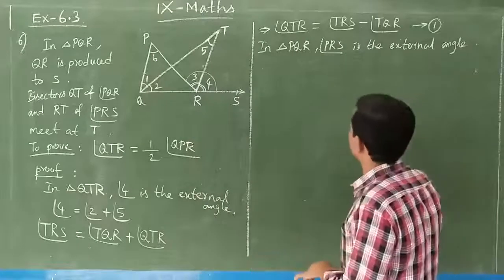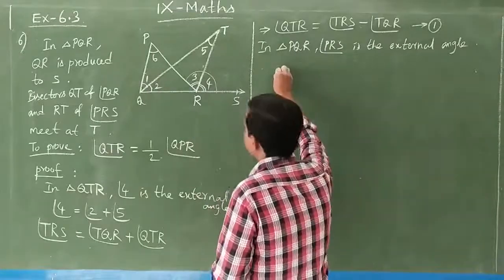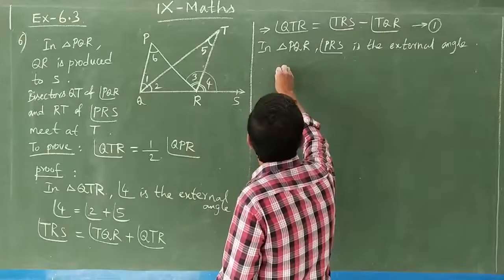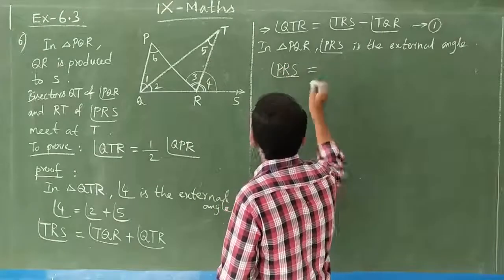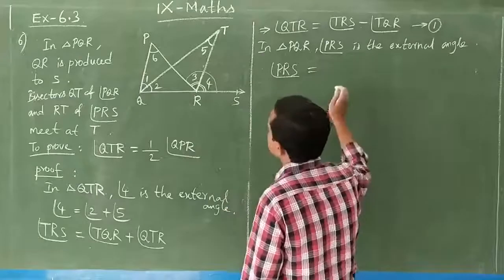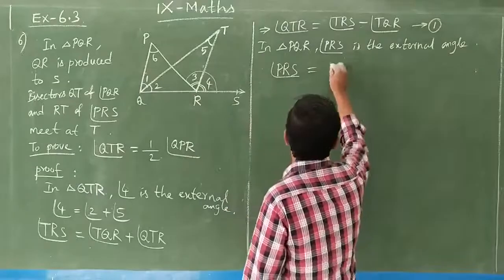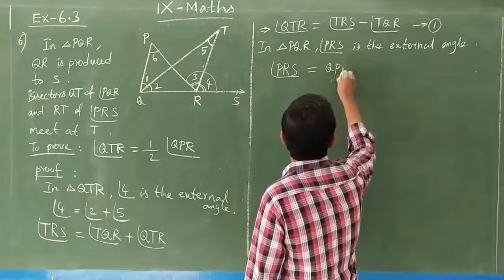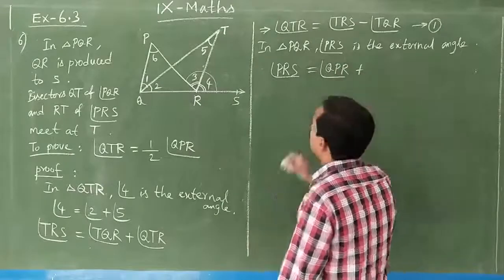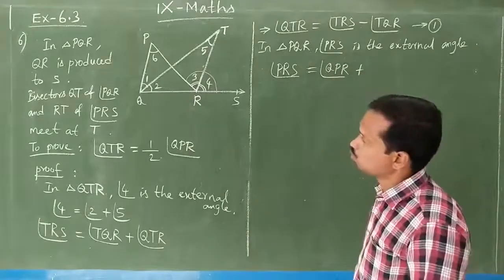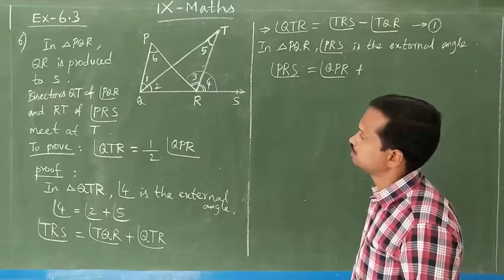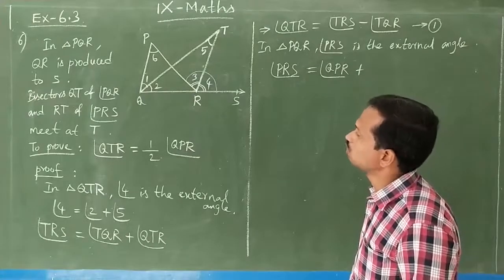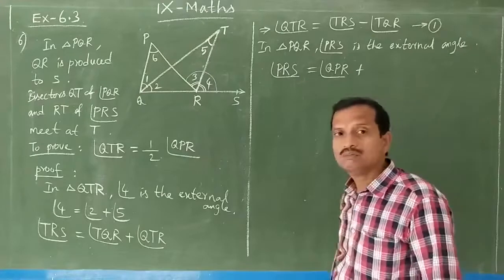Clear? So we can write PRS exterior angle is equal to angle 6, that is QPR, plus 1 plus 2, both we have to add and take. Angle 1 and angle 2 together we can say angle PQR.